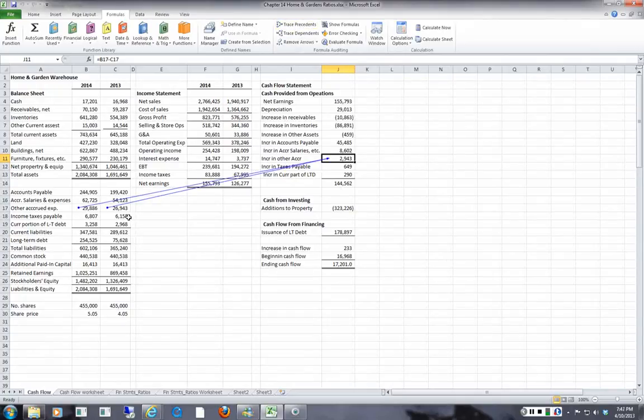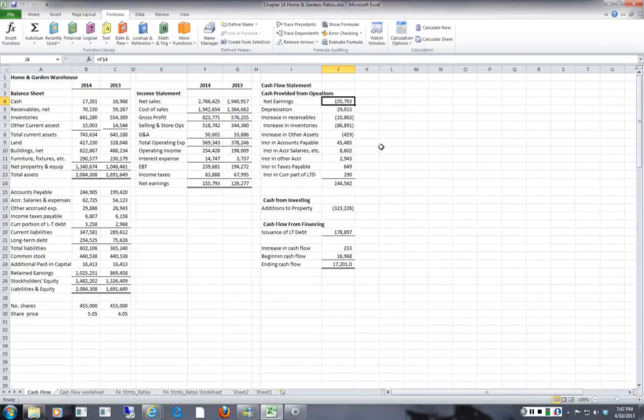You can see going from $26,943 to $29,886 for just a $2,943 increase. Then there's a small increase in taxes. You can see where that comes from. Then there's an increase in the current part of long-term debt, and that's this right here, going from $29.68 to $32.58 for $290. Now we add all those up, and it totals $144,562.